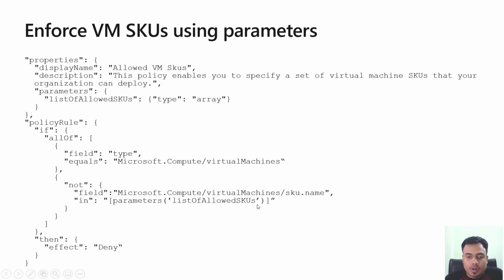Now when you assign the policy, you have to mention the list of allowed SKUs. This parameterization is very useful because you can reuse your policy definition at multiple places even if the values of the parameters are different. So this really helps to make your policies more reusable.